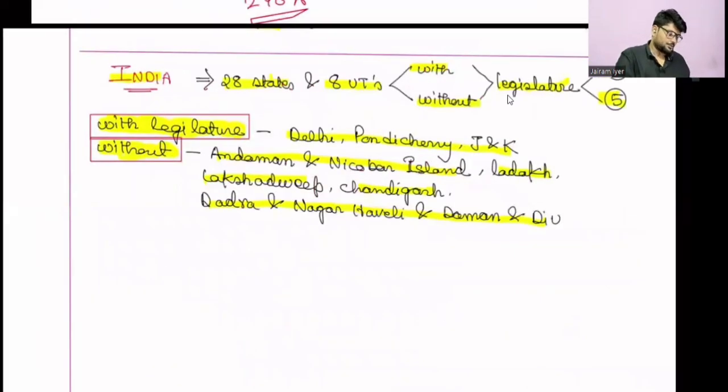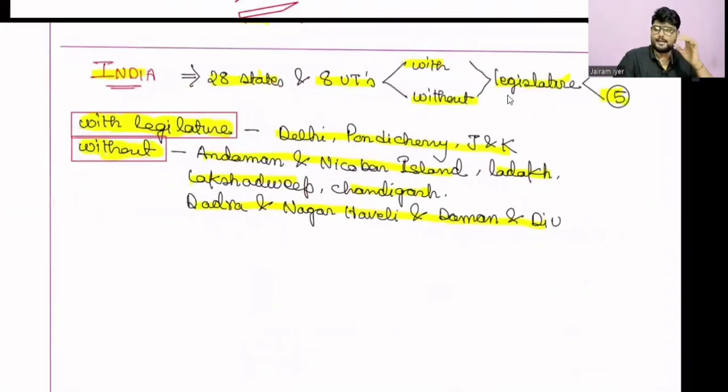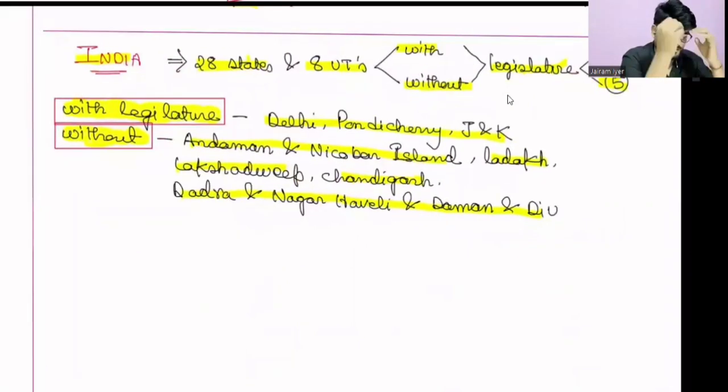So in India, how many states are there? That is known by all, correct? But how many UTs there are is always a point of discussion, correct? So there are 28 states and there are 8 union territories.